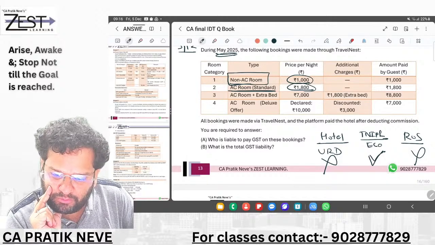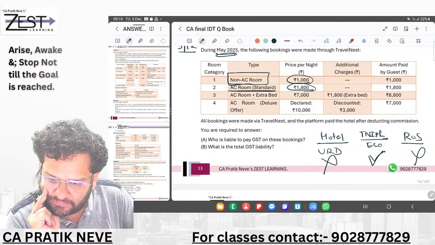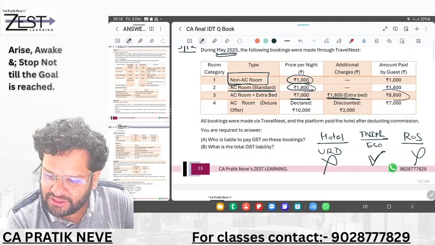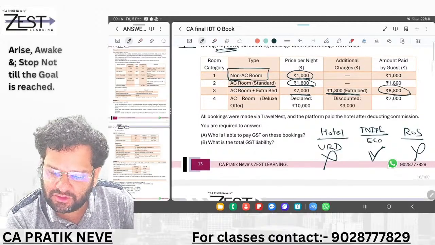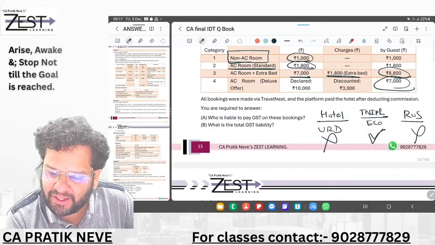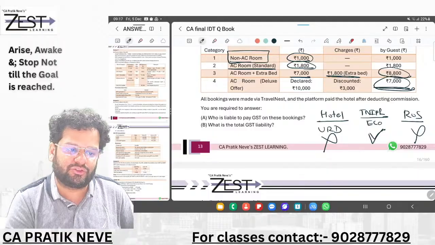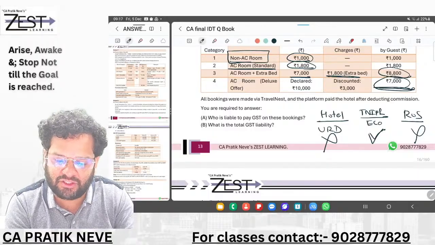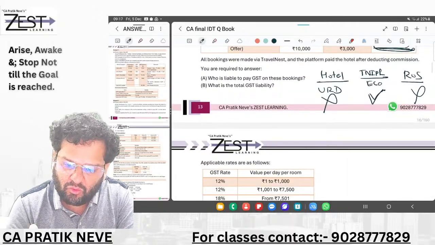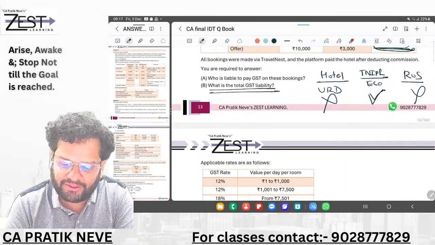AC room plus extra bed, 7000 and 1800, GST is payable on the full 8800. AC room 7000 is paid by the customer, so only on 7000 there will be GST. That is after discount.